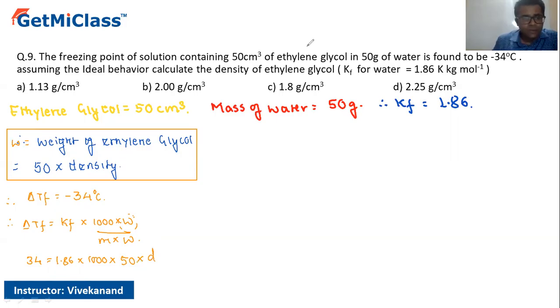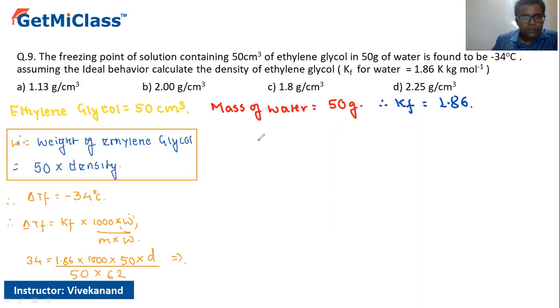The whole thing is going to be divided by the molar mass, which we have taken so far as 62, into the weight of solvent, 50 grams.